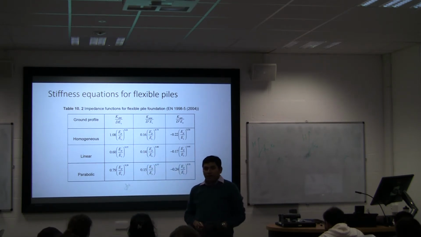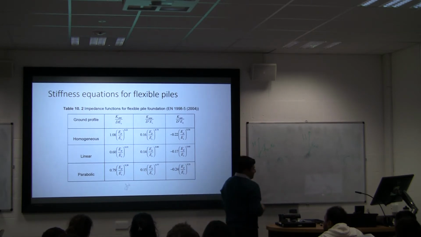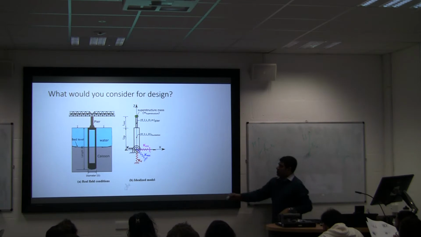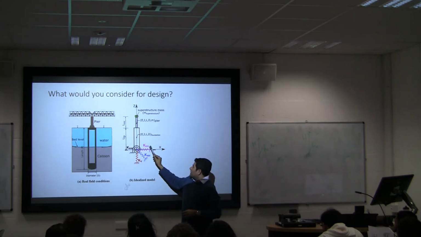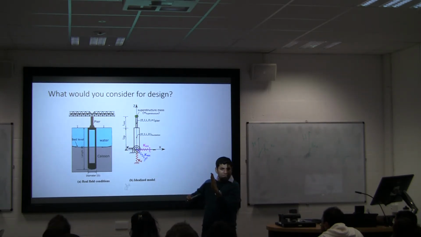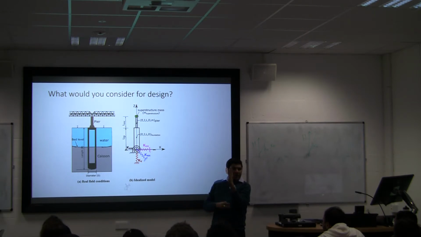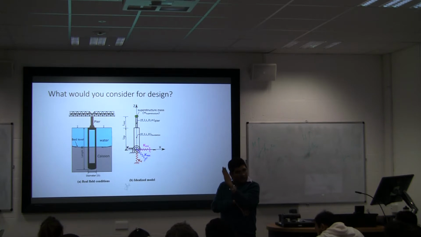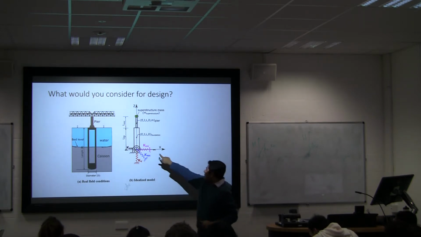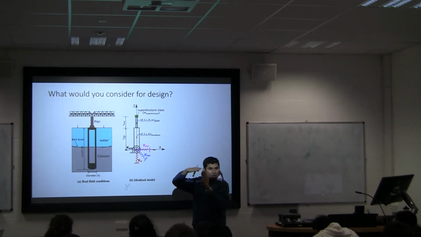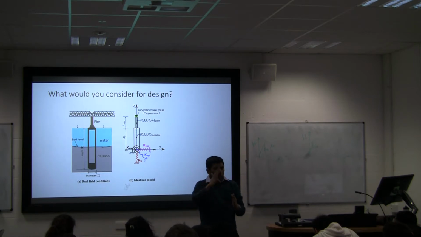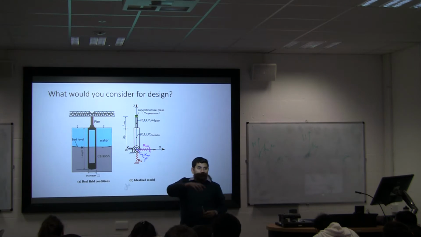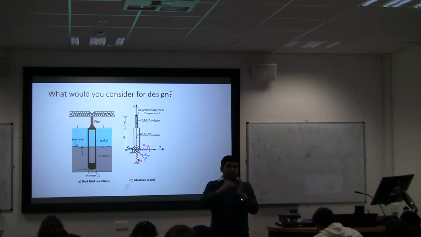Now, you may ask me, what is this KMH? What is KHH? Lateral stiffness, yeah? That means if I apply 1 unit of load, what is the deflection? So I apply a lateral load, what is the deflection? KMM is the moment: I apply a moment, what is the rotation?